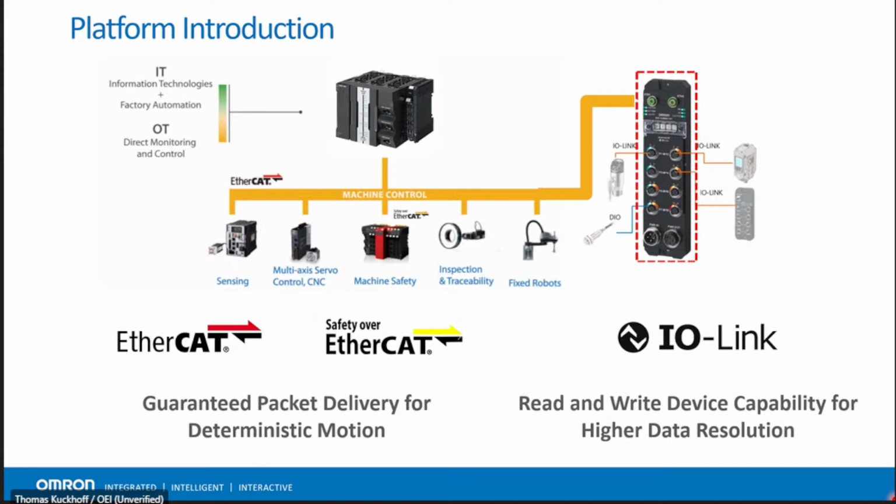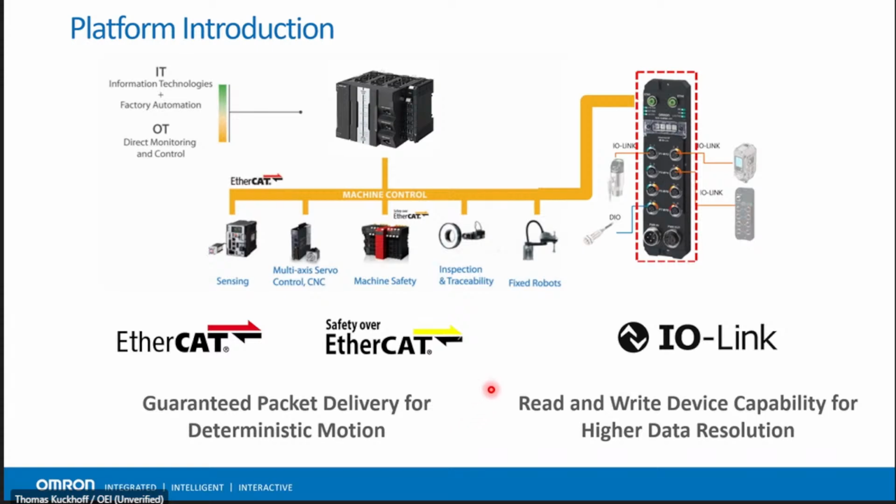So what we're showing here is our controller. At least here in Omron, we call these machine automation controllers because they have motion and safety as well as control. And we use a lot of EtherCAT and safety over EtherCAT in order to maintain not just control, but that deterministic motion.